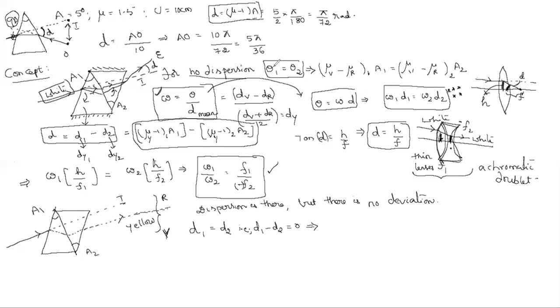Deviation means the formula (mu minus 1) into A. So straight away we write (mu minus 1) into A in the first prism, for yellow color, equals D2, (mu minus 1) into A of the second prism, for yellow color. This appears to be very simple.